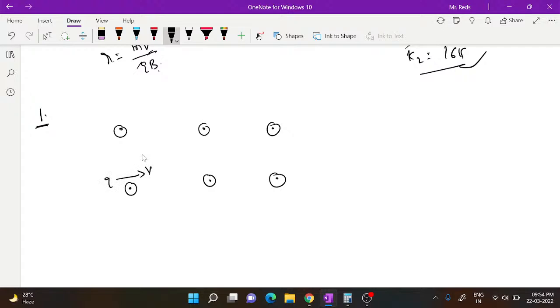The moment it enters, what is the direction of force? It tries to move in a straight line path, but because it is a moving charge in a magnetic field, a force acts on it. In which direction does the force act? V cross B. B is outward, so the force will be in the downward direction.